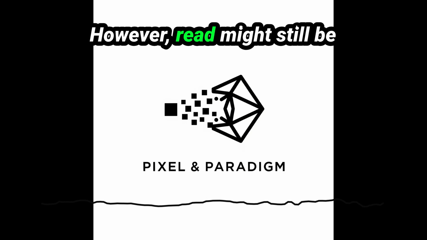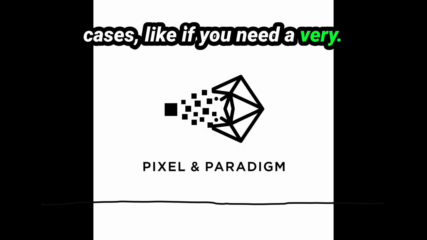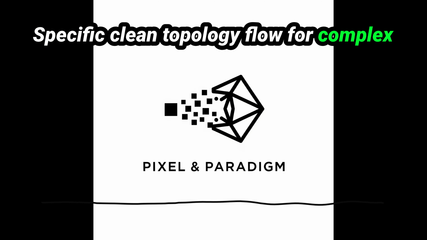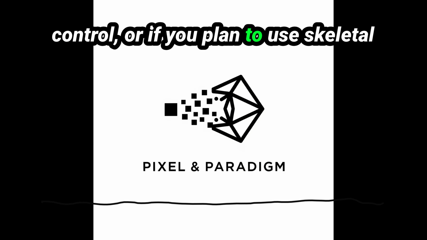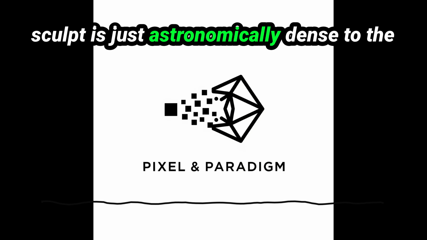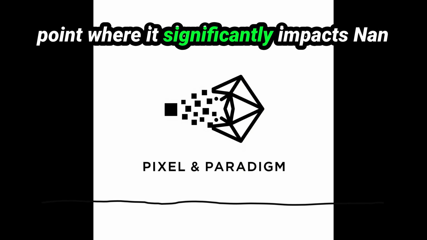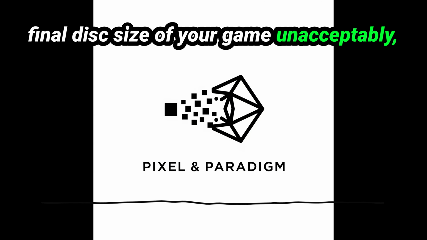However, retopology might still be beneficial or necessary in specific cases. Like if you need a very specific clean topology flow for complex deformation, maybe for precise WPO control, or if you plan to use skeletal rigging for heroic assets, or if the base sculpt is just astronomically dense to the point where it significantly impacts Nanite's internal processing time or the final disk size of your game unacceptably.